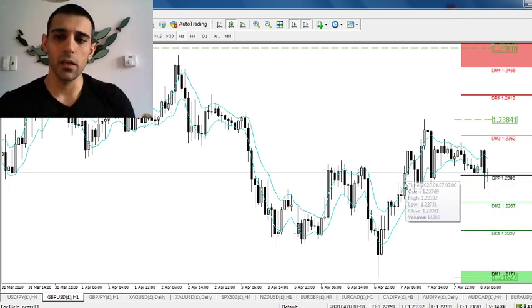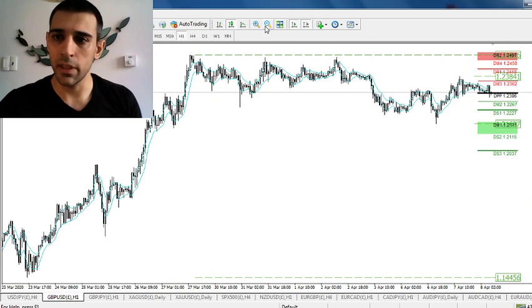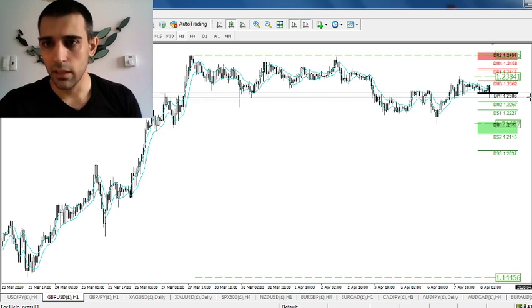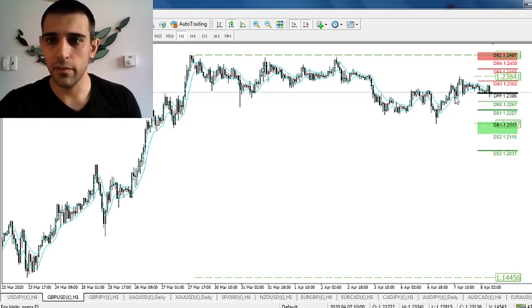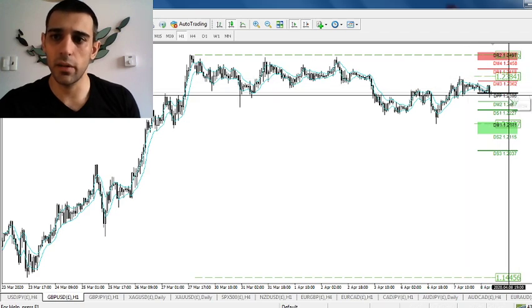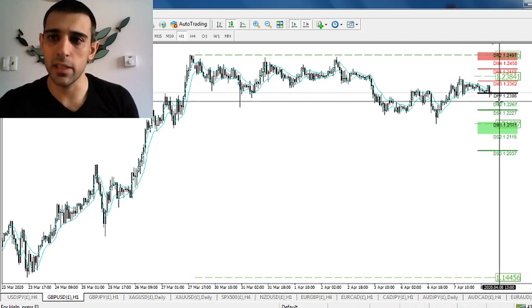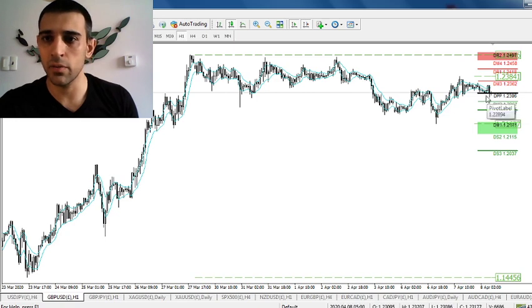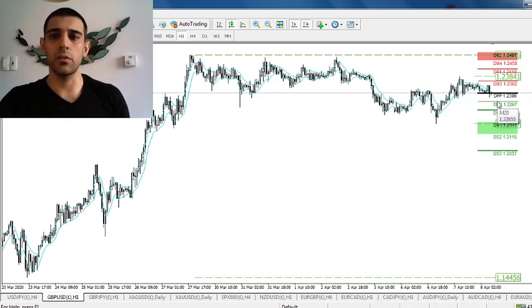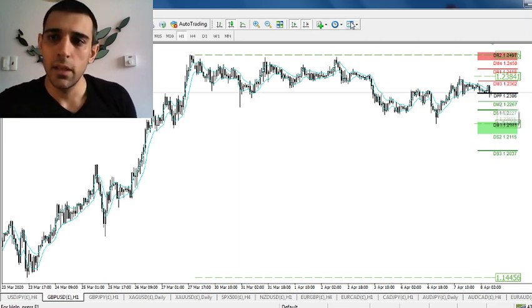So that's why I want to see it either break up or break down. It has not even taken out this low down here. I want to see it either go higher showing strength, or come down showing weakness. For now, it's just messing around and does not look good in the short term yet.